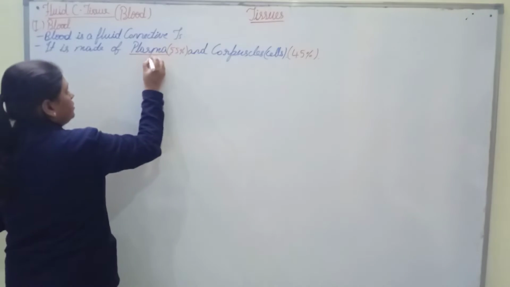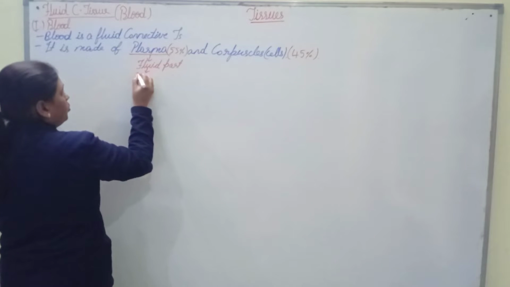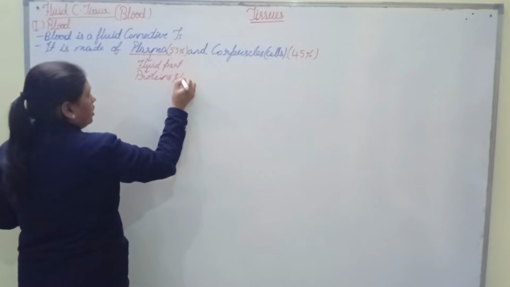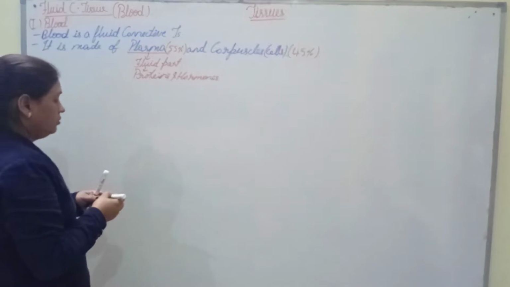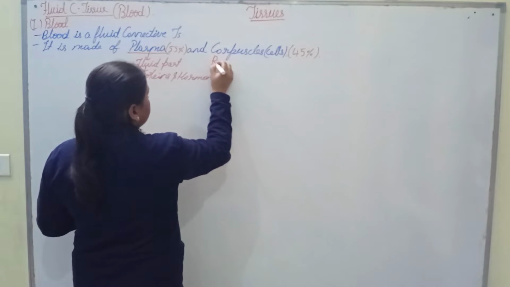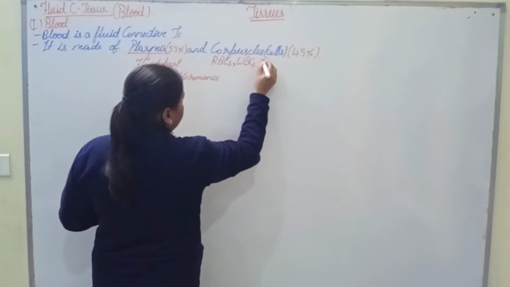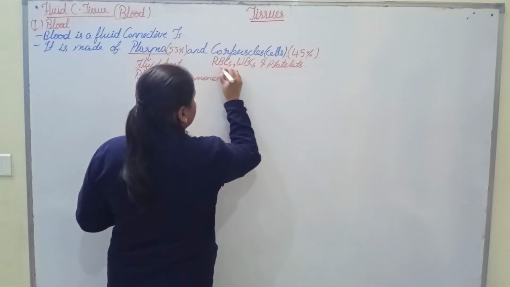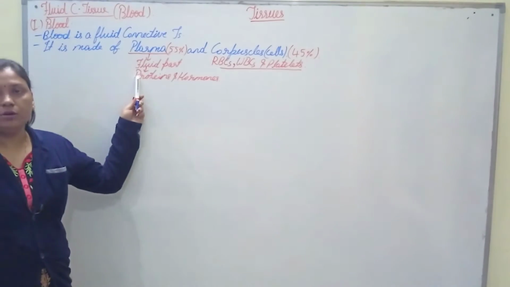Now this plasma is the fluid part of the blood that is made of proteins and hormones, and the corpuscles are RBCs, WBCs and platelets. So all these cells are suspended in the plasma, that is the fluid part of the blood.